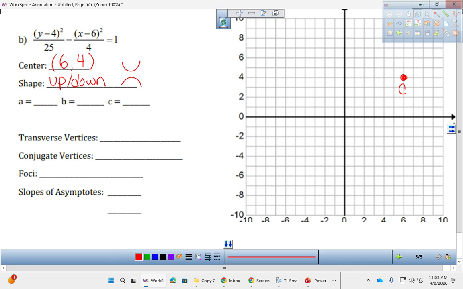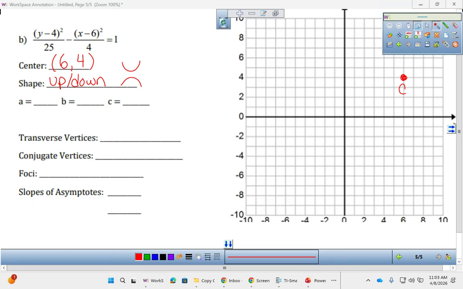Transverse comes first. So what comes first is the y points, right? So when I go to plot my y points, those are going to be my transverse vertices because y came first. How I plot the y points is I'm going to go in the y direction, the radius of 5, because the square root of 25 is 5. So from the center, in the y direction, I'm going to go up and down 5.